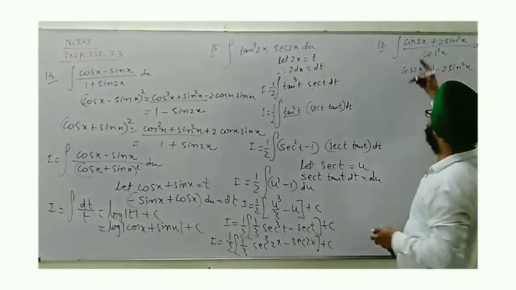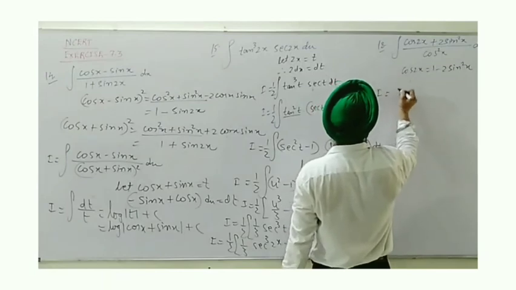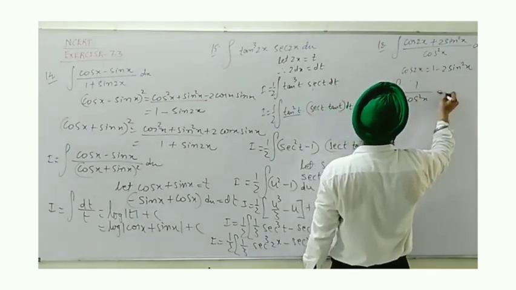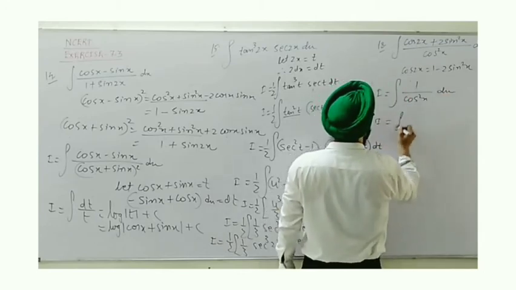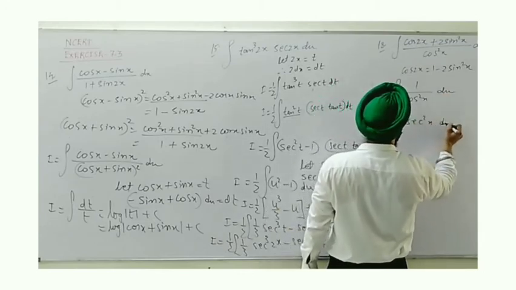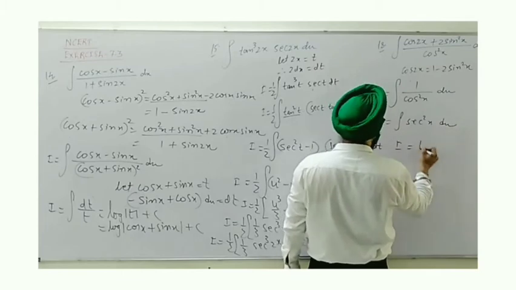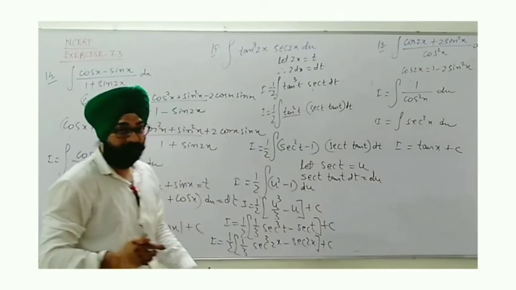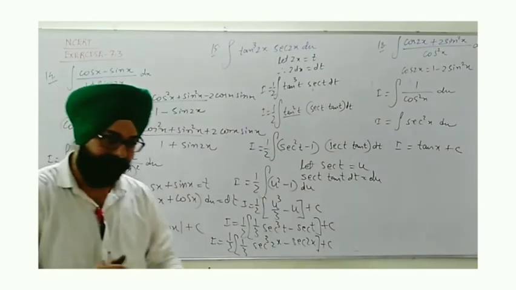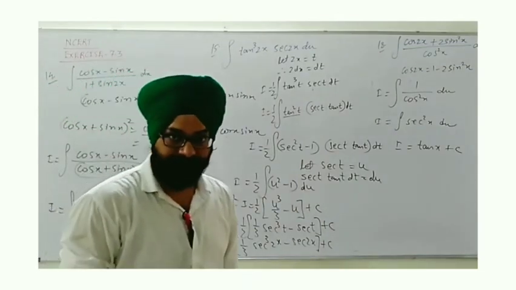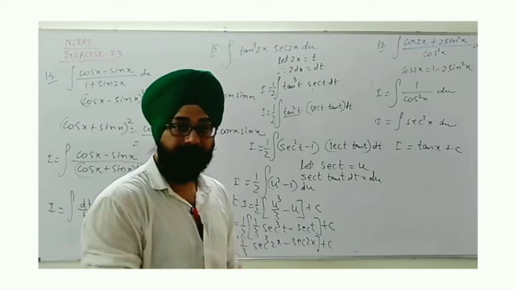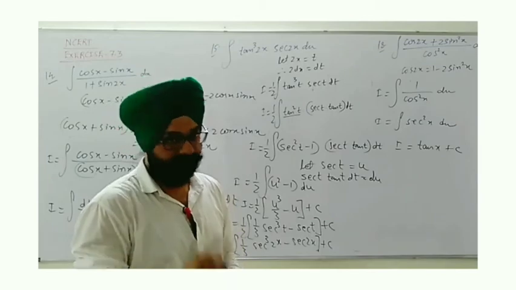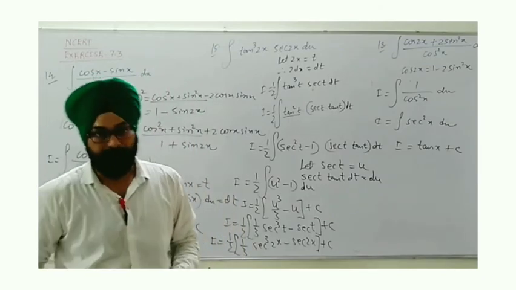Using this identity, we can write this as 1 upon cos square x dx. This becomes sec square x dx, and yes, sec square is a basic function, it is tan x plus c. You can see once you have command on trigonometric identities, then you can easily do the integration. With time we will see more such questions, and surely identities of trigonometry are very important. Now let's see the next group of questions.